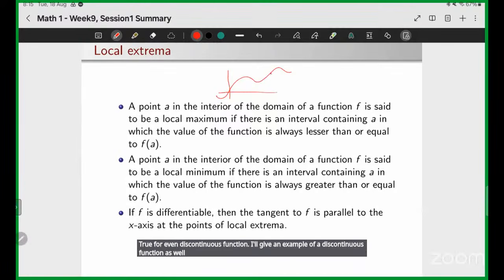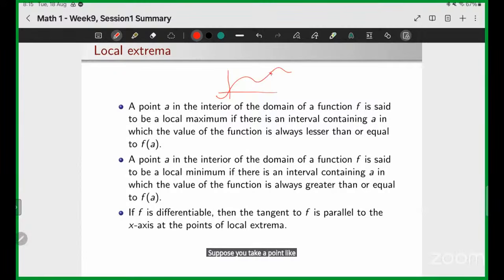Suppose you take a point like this. Is this a local maximum or a minimum? No, it is not, right? In the negative x direction as well. So you have to look at points in the immediate vicinity of the given point.